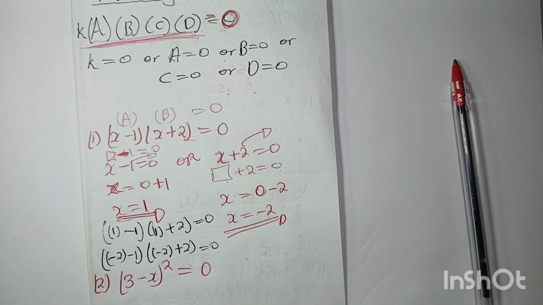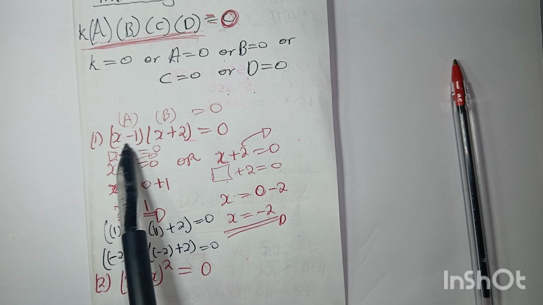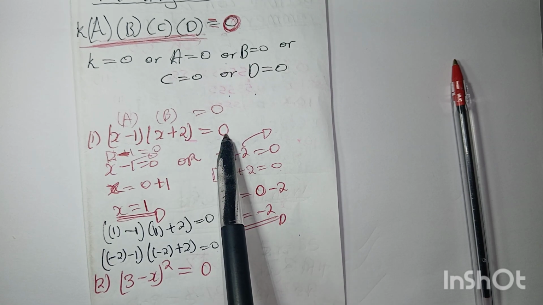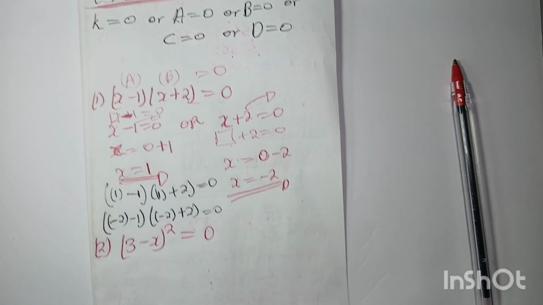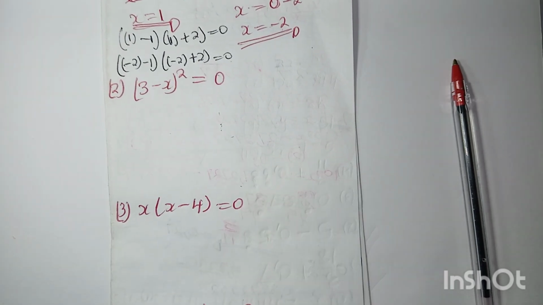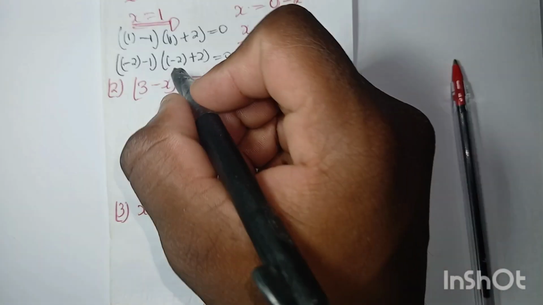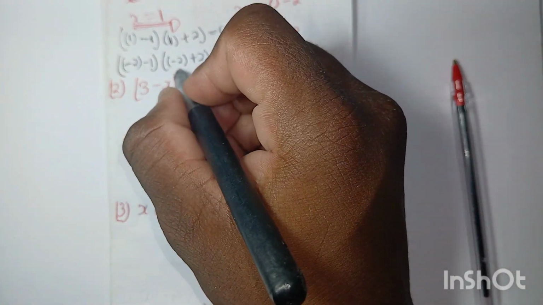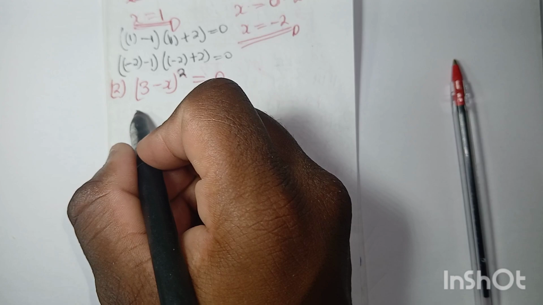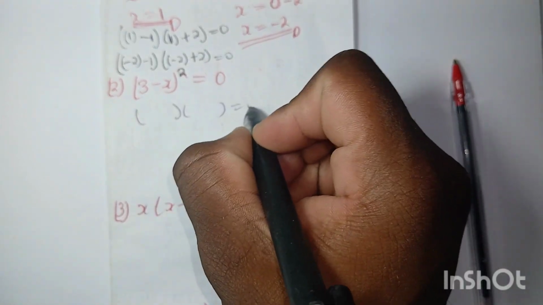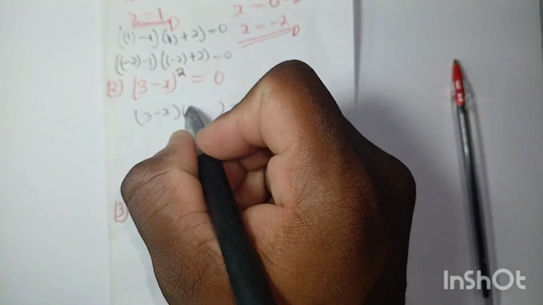So you should not get confused, guys, when you see brackets like this and you see 0 there. You equate each bracket by 0. Just like cover this one. For this one, you should know that 2 represents what is inside the brackets. How many of it? We have twice this thing, meaning it's 3x.